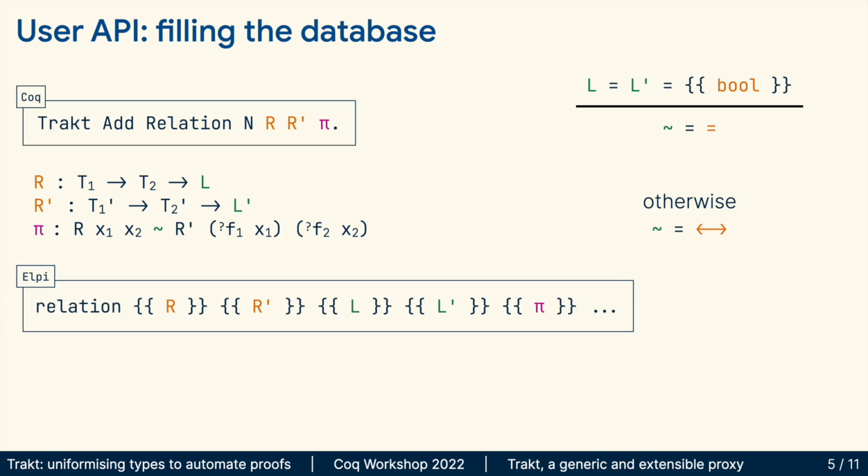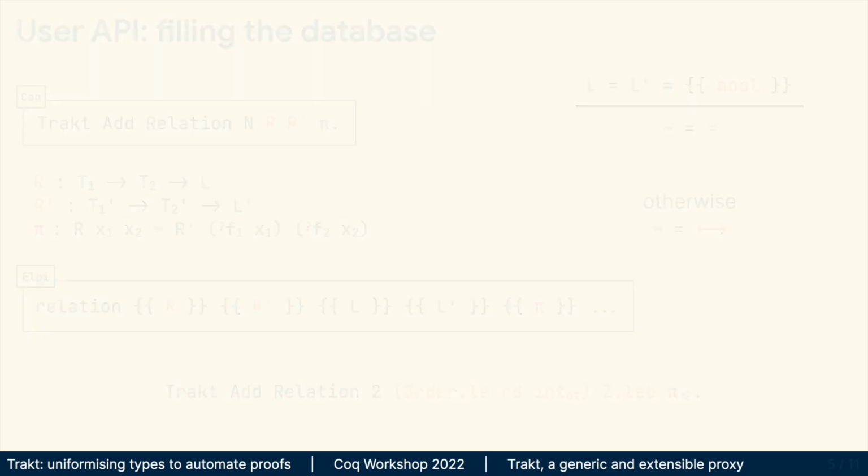Internally, we store this logical information, and here are two instances of calls to Trakt add relation, one for equality, so equality on int and equality on Z, and we can also have more complex relations, for example, orderings from MathComp that we can embed into the standard ordering on Z values.